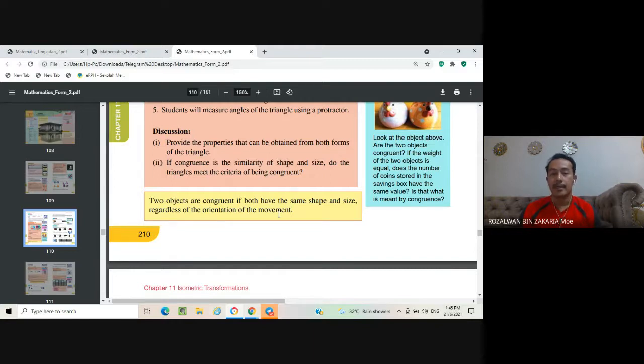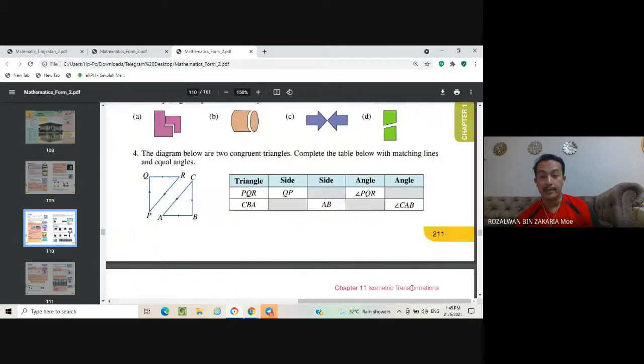In terms of transformation, the image after going through transformation should have the same size and same shape as the object, because it is congruent.